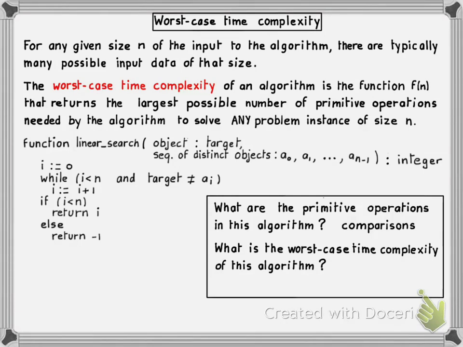Now remember that the algorithm performs 2 comparisons for each iteration of the while loop. Since there will be n iterations, there will be 2 times n comparisons performed by the algorithm to go through the whole sequence.